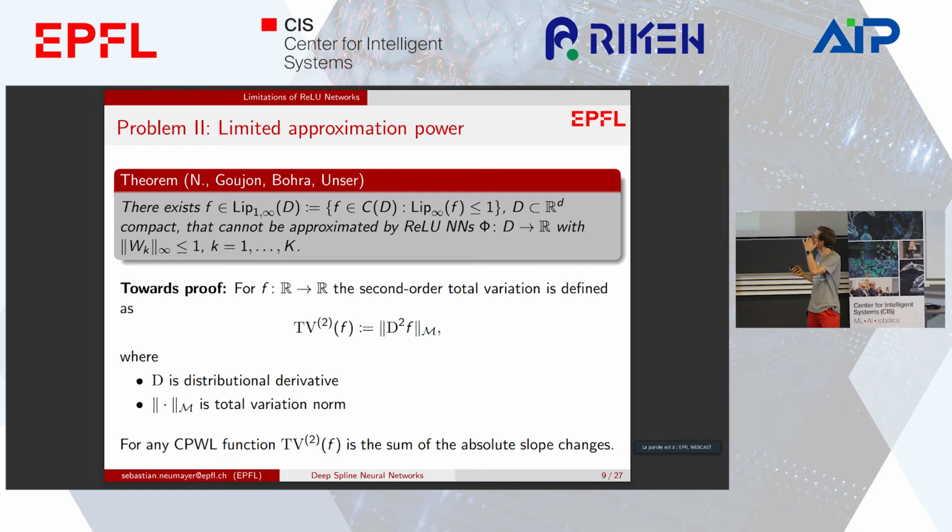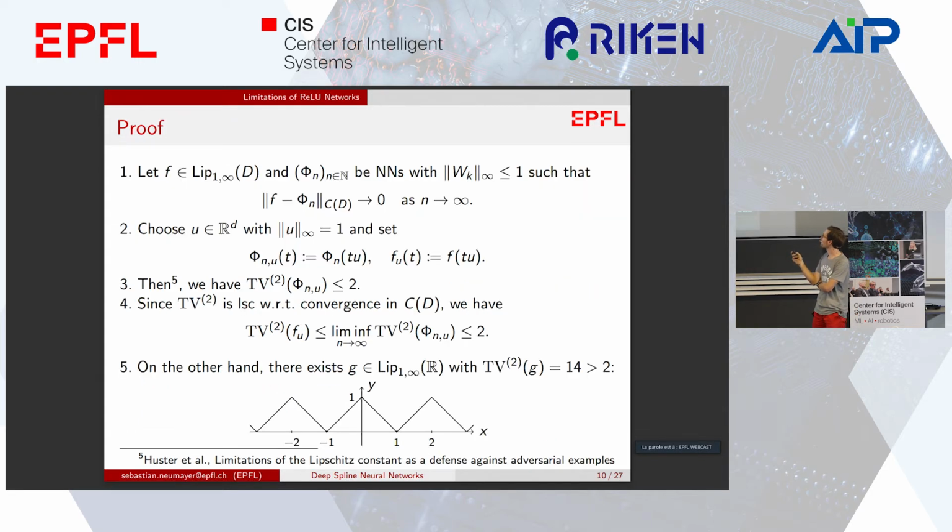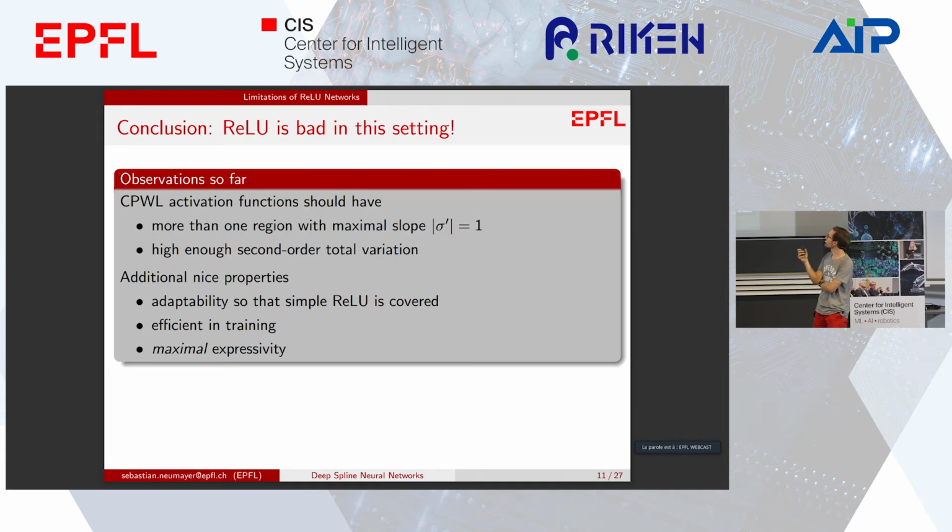I will skip the proof here, but it is based on the concept of second-order total variation, which is defined as the Radon total variation norm of the second distributional derivative. In the case of CPWL functions, it simplifies a lot. It is just the sum of the absolute slope changes. This is something to keep in mind because it will come up again on one of the next slides.